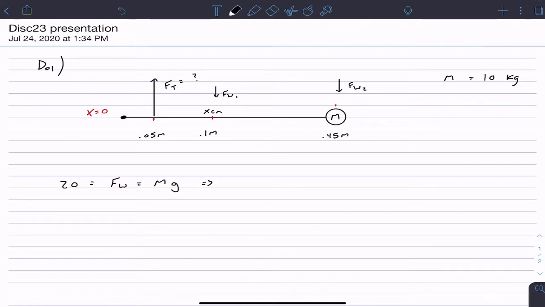If we want to know the mass of the arm, just to have it ready, call this m2, we take 20 newtons over 9.81 meters per second squared, which leaves you with 2.04 kilograms. So m2 is equal to 2.04 kilograms. That's how much mass is in the arm.